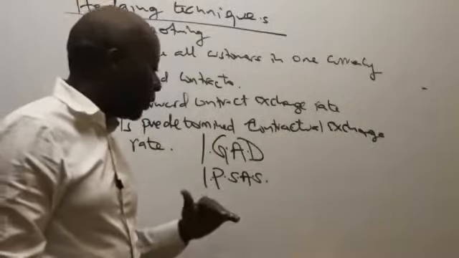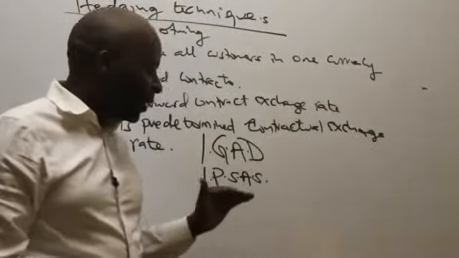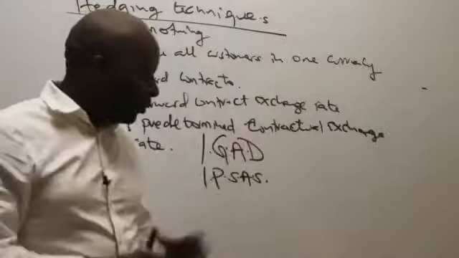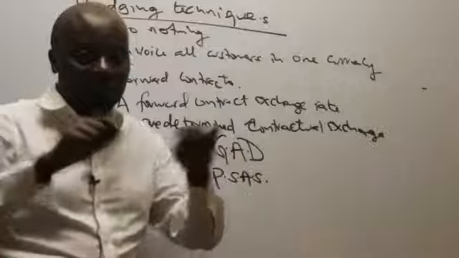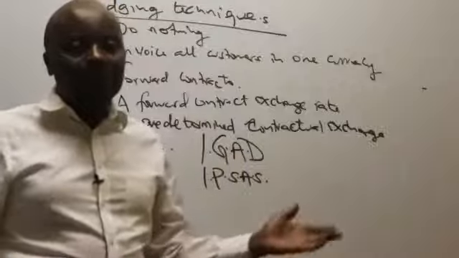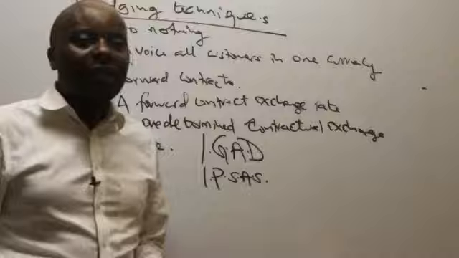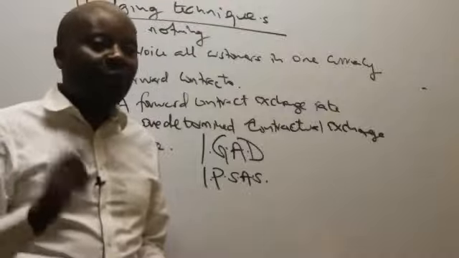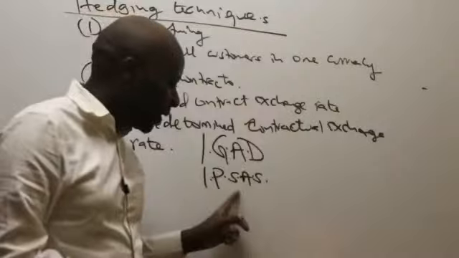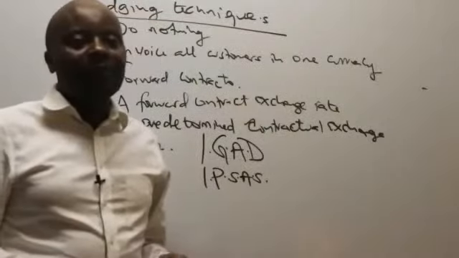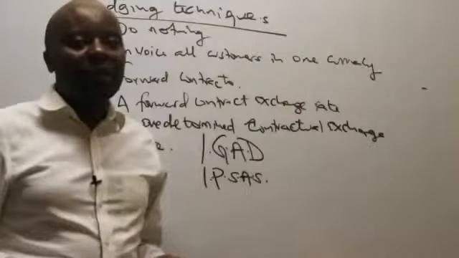So I normally do IPSAS for them. I was able to craft the framework for them, localizing it to the IGAD branches, ensuring that, for example, their property, plant, and equipment register is done properly.